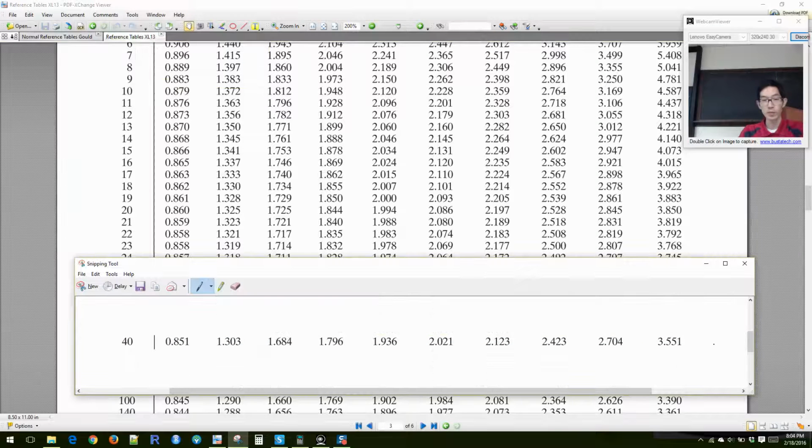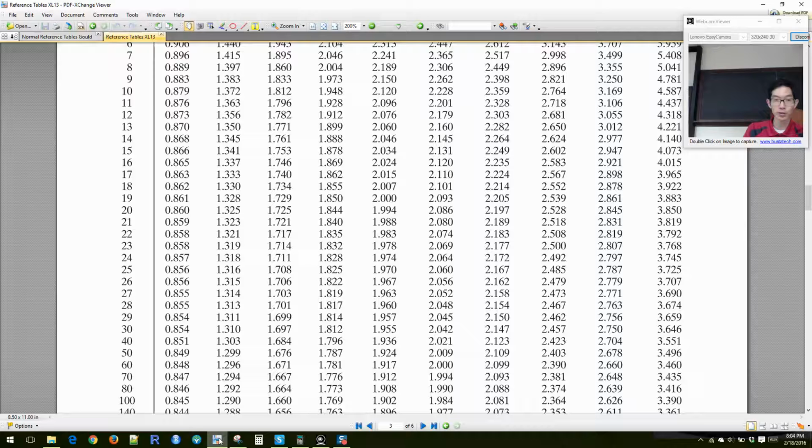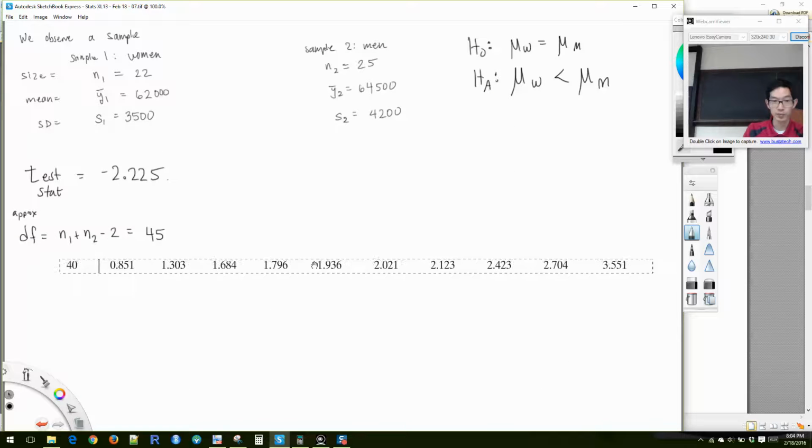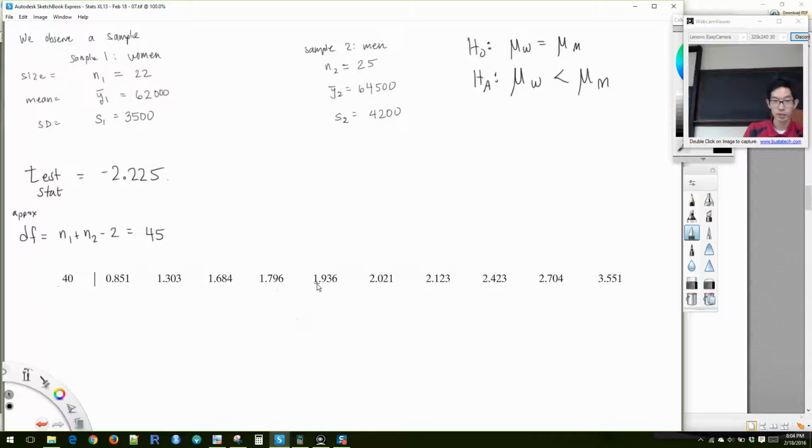So this is the row for 40 degrees of freedom in the t-table. Can't find df equal to 45, so round down and use 40 degrees of freedom.